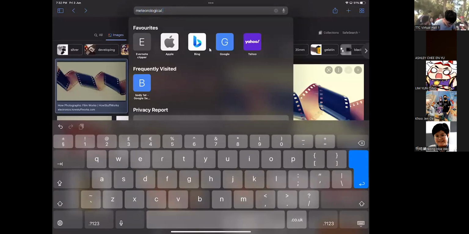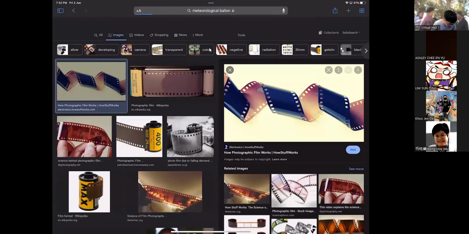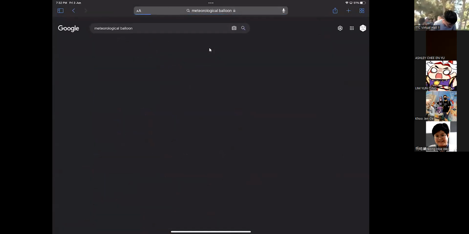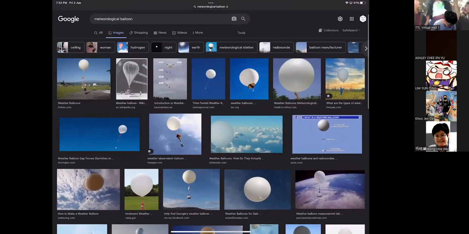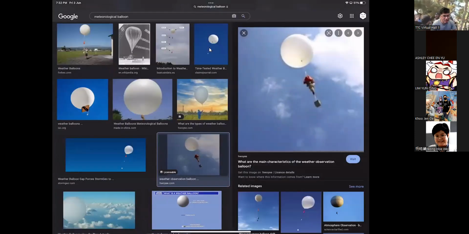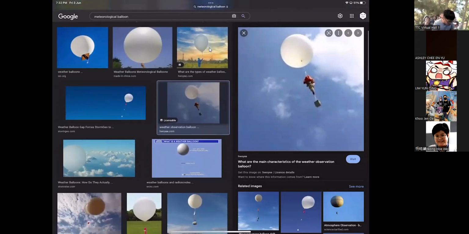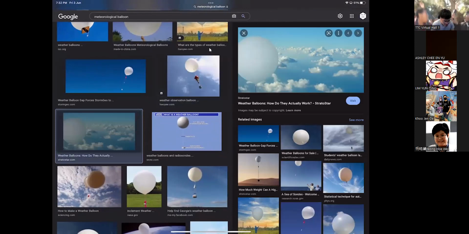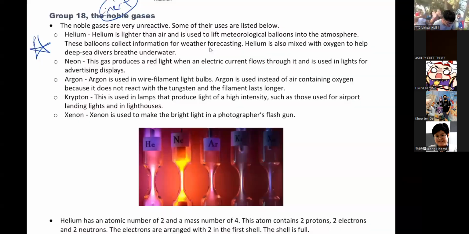They actually put a camera or a recorder there to study your environment. They will float this thing up to the sky and then observe the earth. 这个东西是拿来做气候用的。So this is your helium.